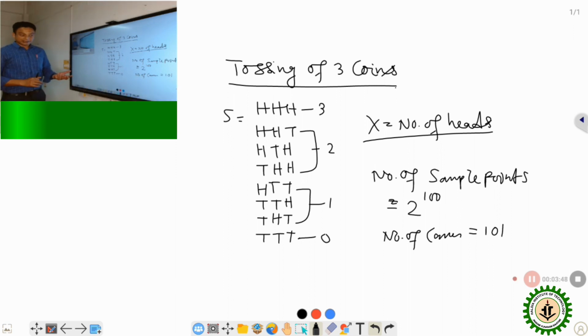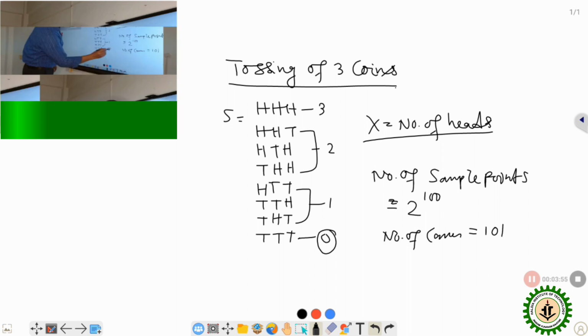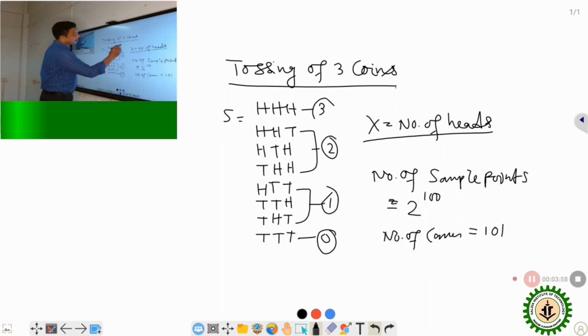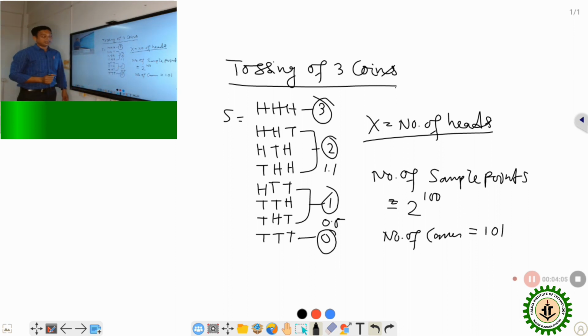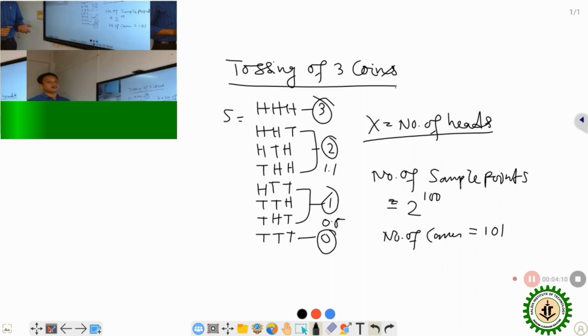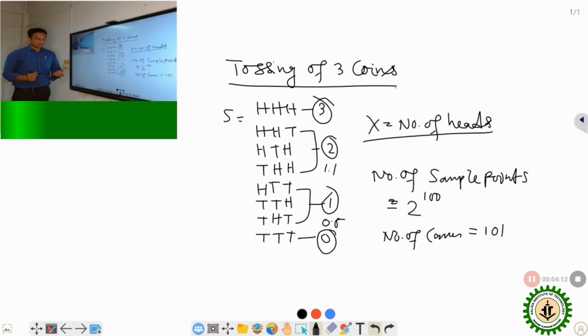The name is probability distribution. Now look at this. For this random experiment, we have 0 heads, 1, 2 and 3 heads. But there is no 0.5 head, no 1.1 head. These things are not included here. So you will get the probability only for 4 cases. That's why this is called a discrete random variable. Examples of a discrete random variable are the number of heads or the number of tails when you are tossing a coin, or the number of 6s when you are throwing a die.